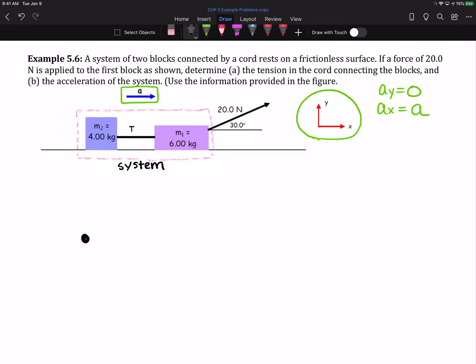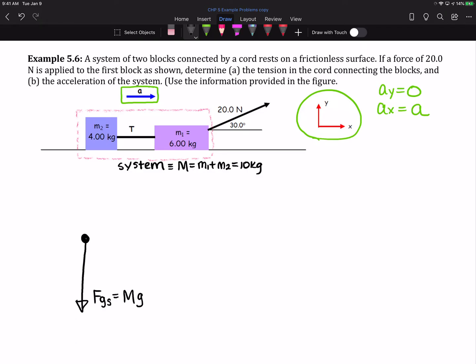In the free body diagram of the system, I would have the force of gravity acting. This is the force of gravity of my system, so this is the total mass, which is just the masses added together. 4 plus 6 is 10, so this is going to be 10 kilograms.